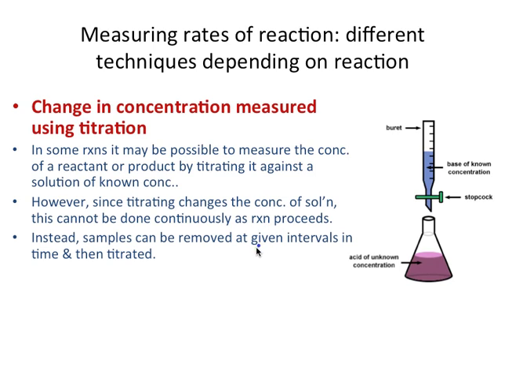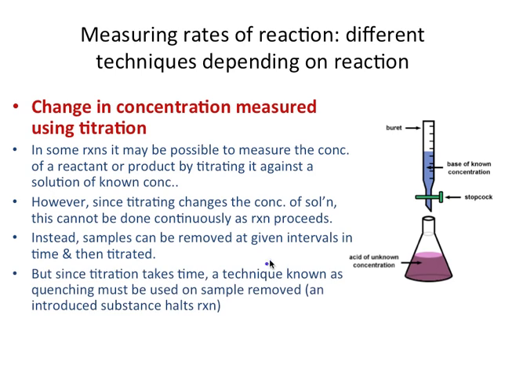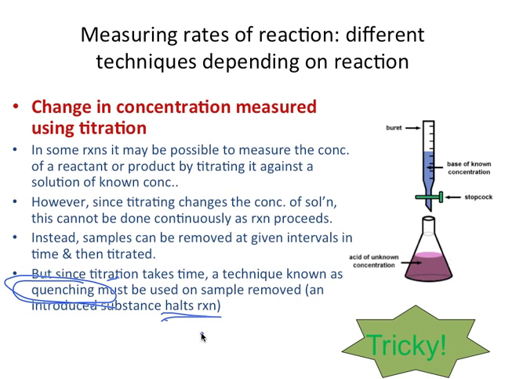So instead you have to remove samples of your reaction mixture at intervals and then titrate them. In order to do that you have to use something called quenching, which means that you add an additional substance so that the reaction stops, so that you are actually measuring the amount of either the reactant or the product. That can get tricky.